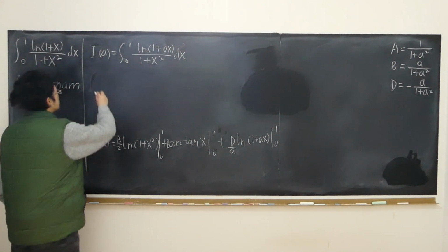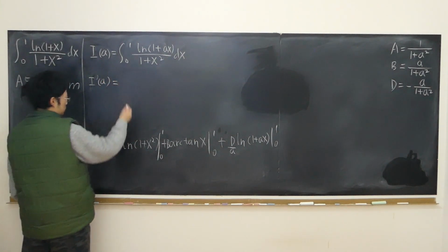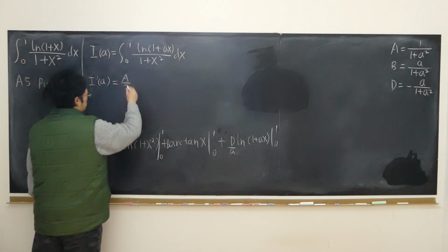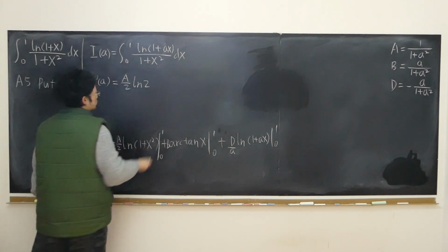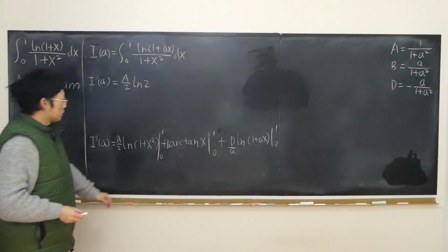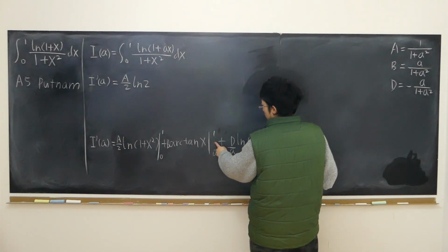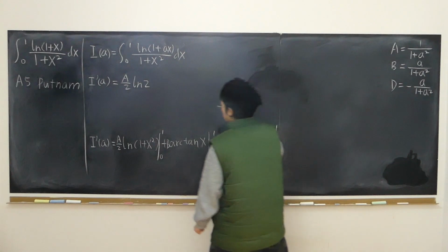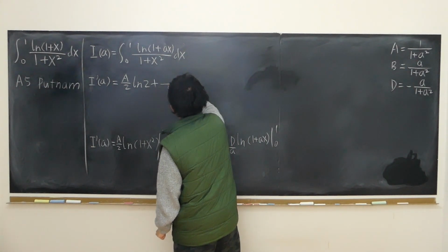So I dash a is A over 2 times log 2. Then B times arctangent: arctangent 1 is pi over 4, arctangent 0 is 0, so plus pi over 4 times b.